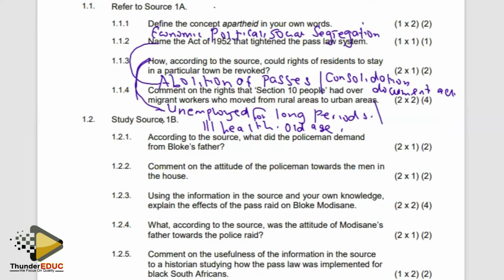They couldn't become permanent residents.